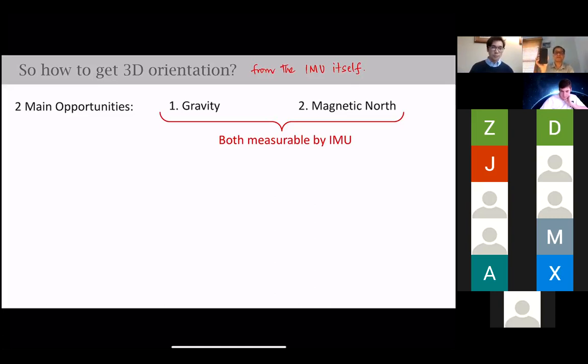Perfect. So look at it the other way. If you measure gravity 9.8 meters per second square in your negative y-axis, you can say something about the orientation of the phone. If the phone is in this orientation, you would measure gravity in the negative x-axis.